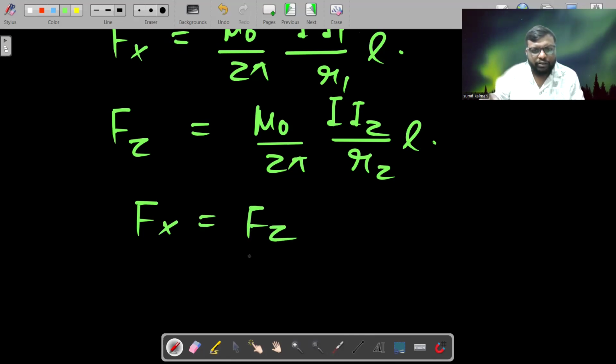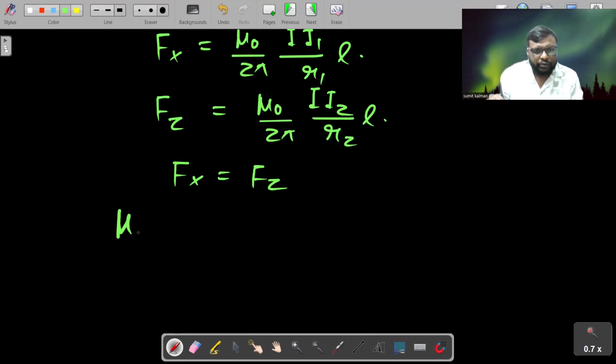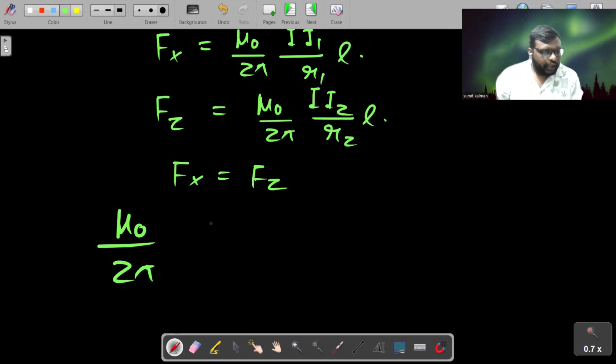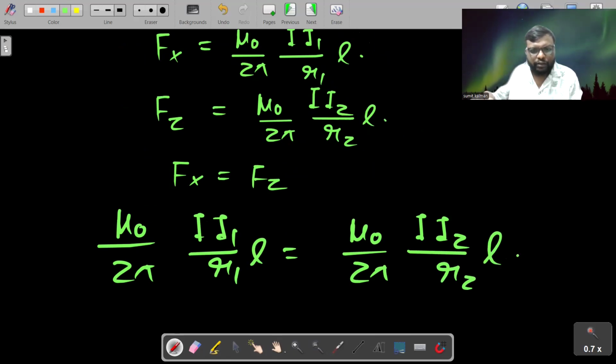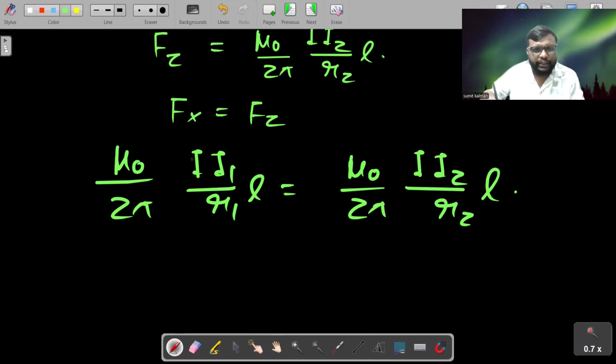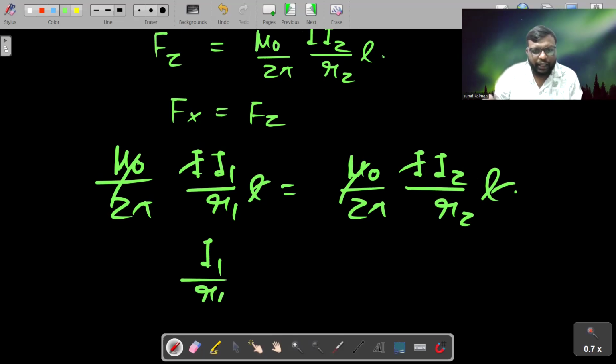So here students, mu naught upon 2 pi, I1 upon R1, into L, should be equal to mu naught upon 2 pi, I2 upon R2, into L. Now students, the same quantities will cancel out. Mu naught upon 2 pi will cancel, and I and L will cancel. So here we are left with I1 upon R1 equal to I2 upon R2.